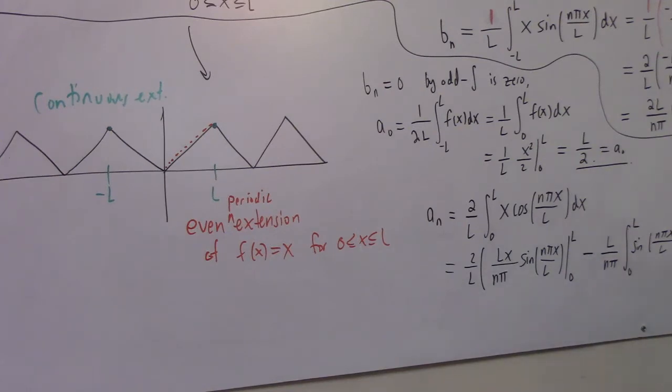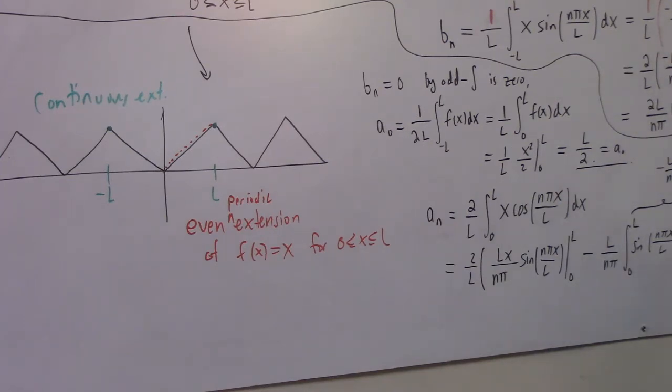Now this guy is actually going to give me minus L over n pi cosine n pi x over L. And you have to evaluate that from 0 to L, right? And so what's that give us?